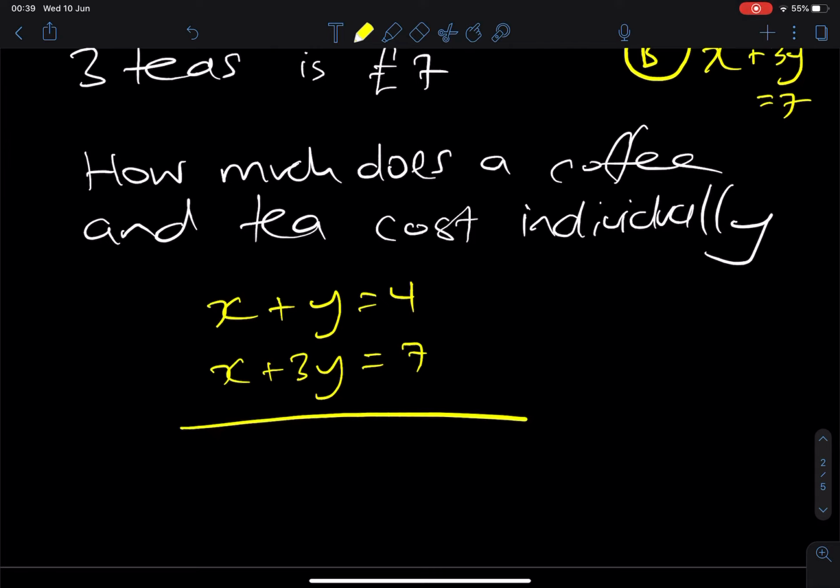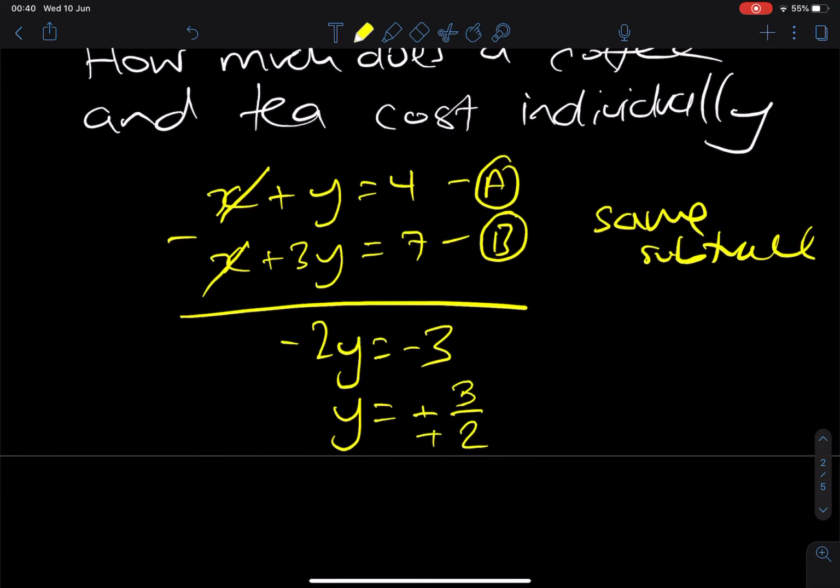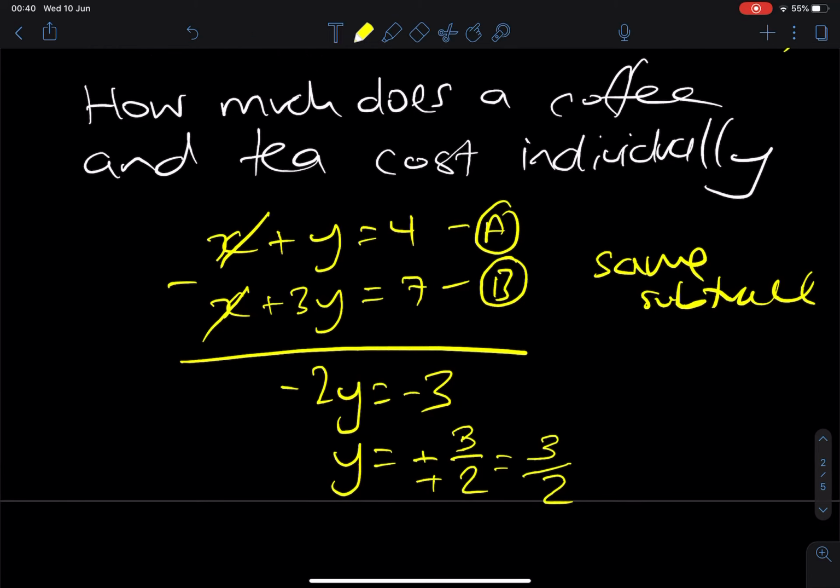X and x is already the same. Subtract. This is A. This is B. Y minus 3y is minus 2y. 4 take away 7 is minus 3. Y is equal to minus 3 divided by minus 2, which cancels out to give you positive 3 over 2, or 1.5.